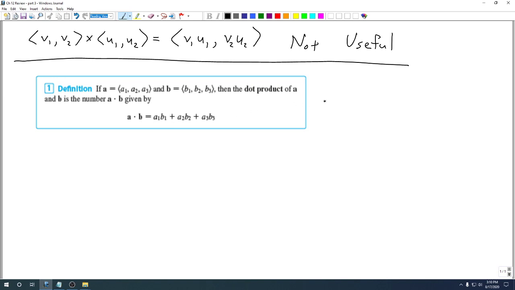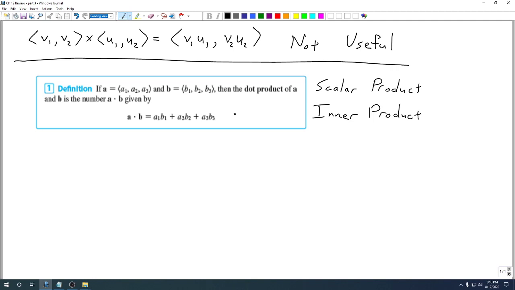This does have some other names for it. Some people call this the scalar product because the result of this product is a scalar. That will contrast with another product that we're going to talk about later on in this video, which will actually result in a vector, and some people will call that one the vector product, though we'll have a different term for it. Another term is the inner product. This is a little bit higher tier of a term for it.